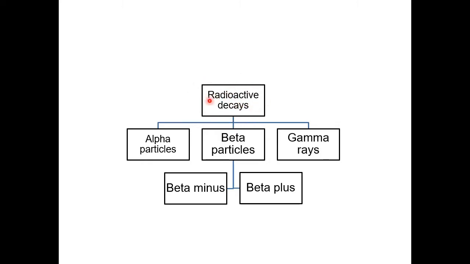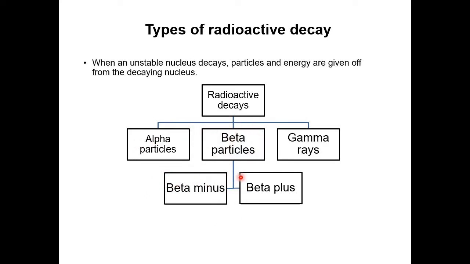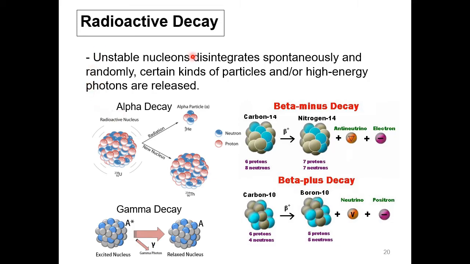For radioactive decays, we have alpha particles, we have beta particles, but for beta we have two types, beta minus and beta plus, and the third one is gamma rays. In a radioactive decay, the unstable nucleus disintegrates spontaneously and randomly. Certain kinds of particles or high-energy photons are released, such as in alpha decay.